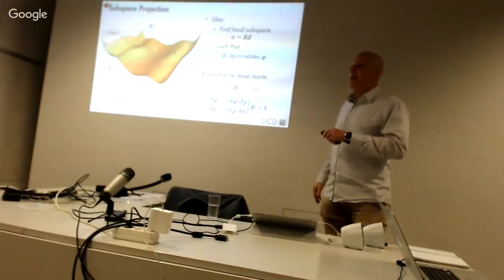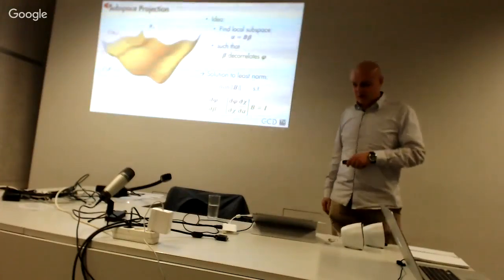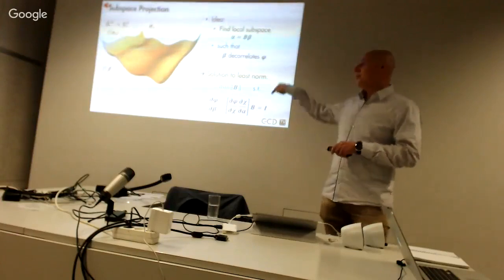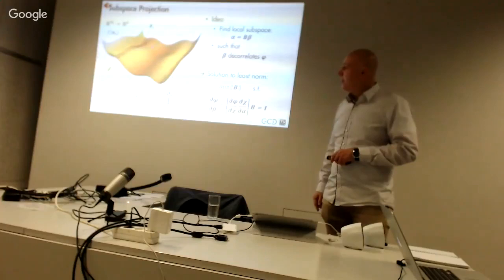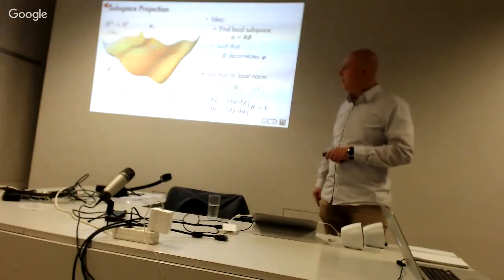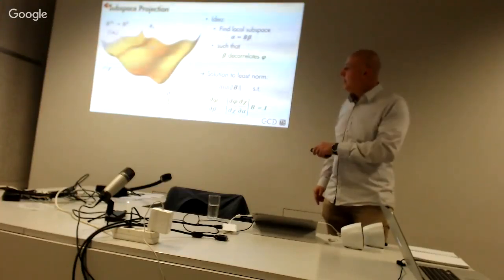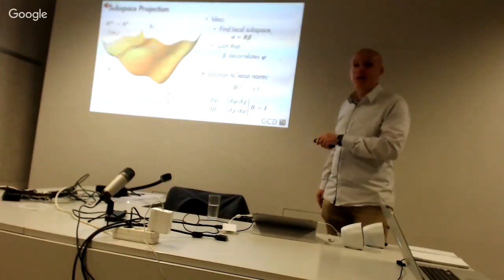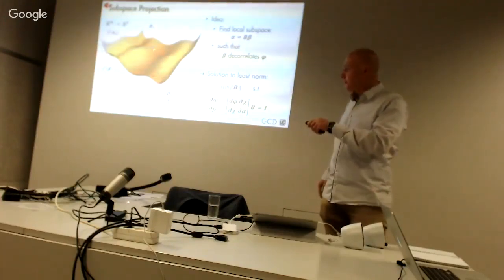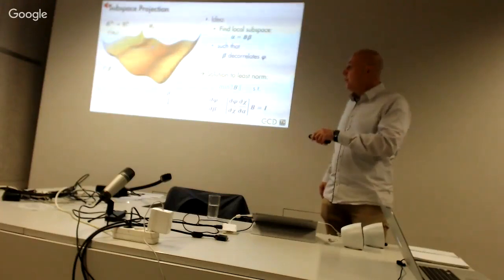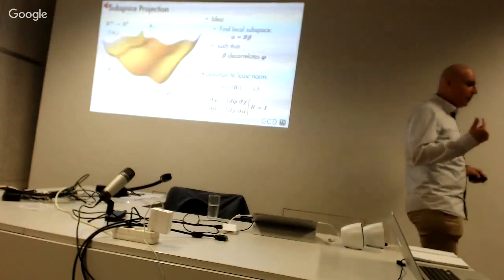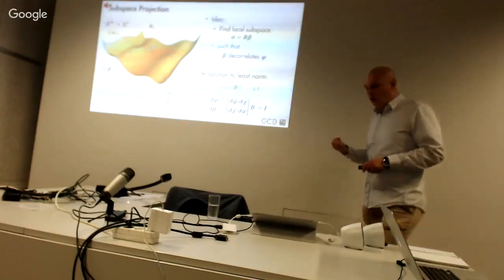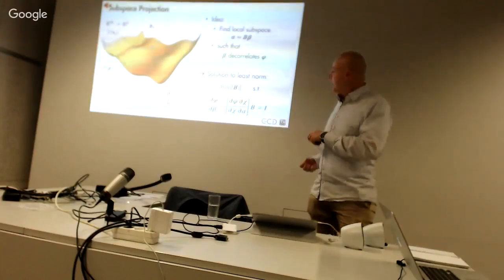And I try to depict it now on this example with this surface and the line. So basically what we do is we project this problem onto the line and solve it in this lower dimensional space. So we're looking here for the next minimum we find, but only in this lower dimensional space.